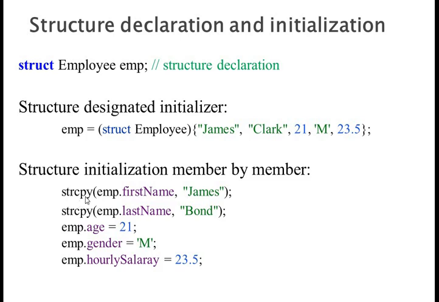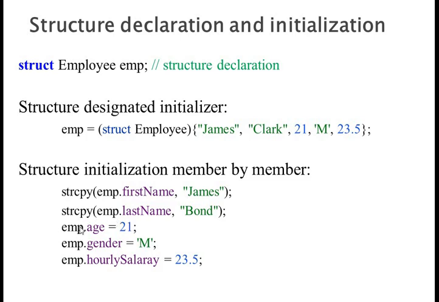And you can see over here I have used this function because we can't just assign EMP.first_name equals James. Okay, it is not the way you can copy a string in C. Either you have to use a particular loop to iterate, or this is the simplest way. Whenever you want to copy a string, only then should you use strcpy.